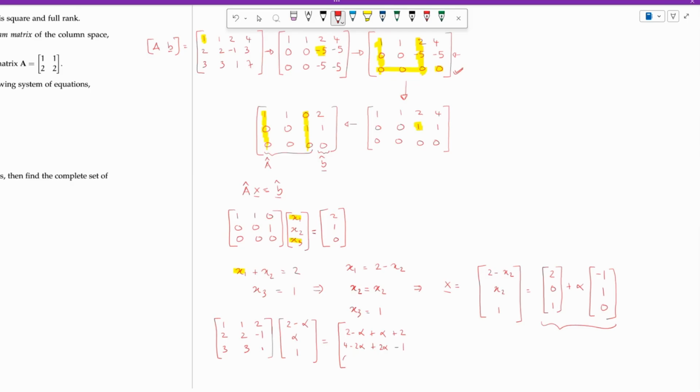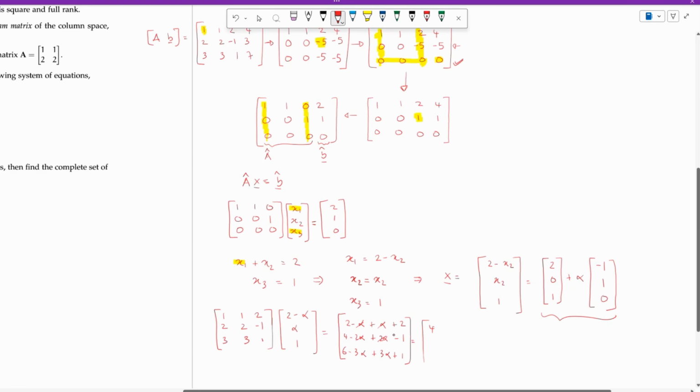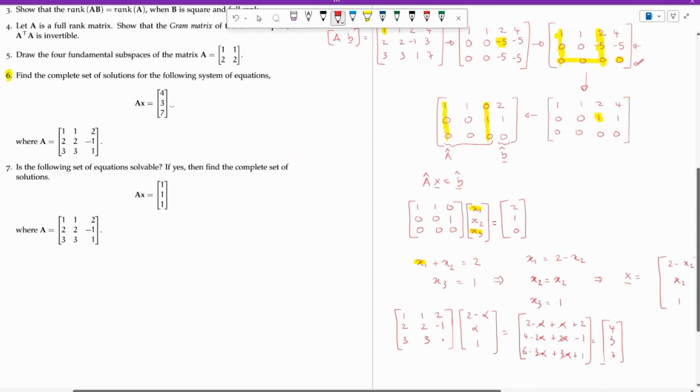Be 6 minus 3 alpha, 3 alpha out. So I will get 4, 3. That's the complete solution. You can choose any value for alpha and that will be a solution for this problem.